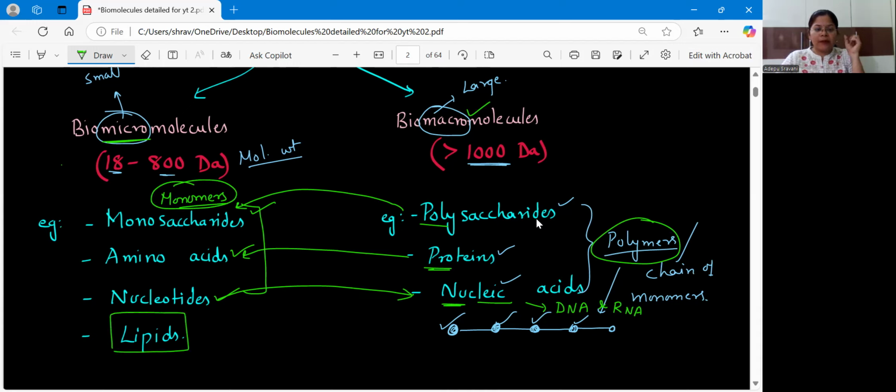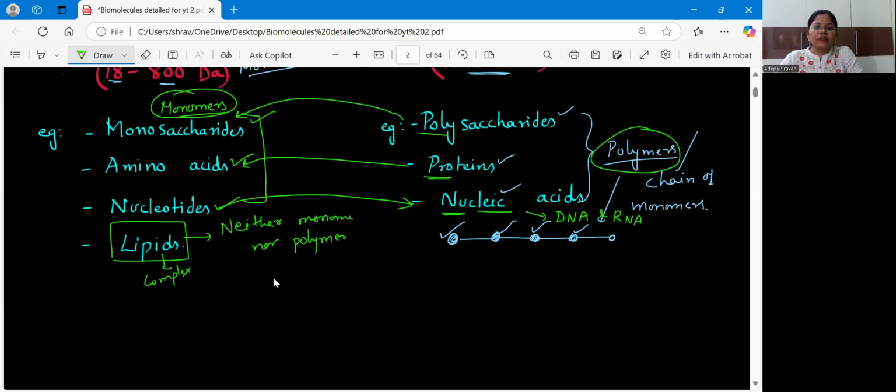Now, if you look at this list, we are left with lipids. So, what about lipids then? Lipids are neither monomer nor polymer. Then what is lipid? Lipids are complex molecules. They are simply complex molecules, and these complex molecules have a molecular weight less than 1000 daltons.